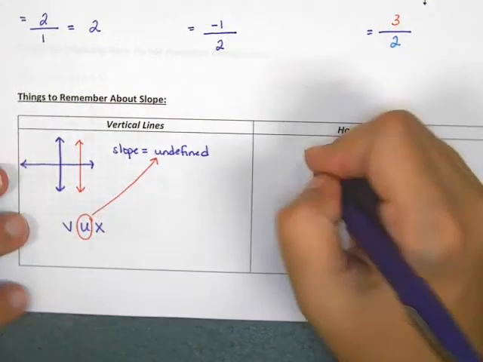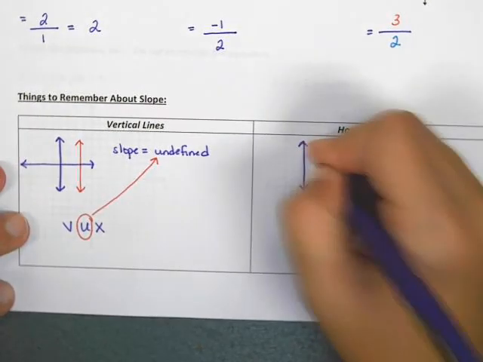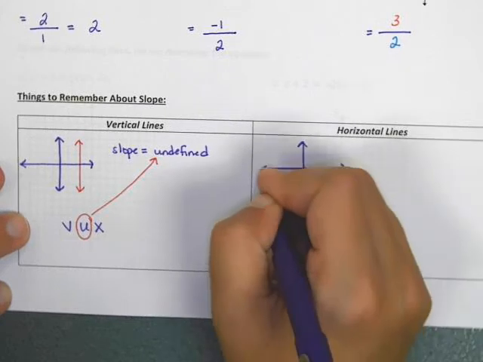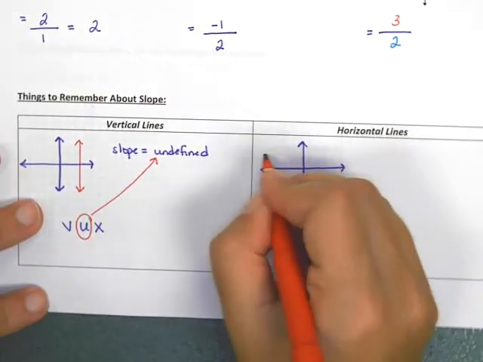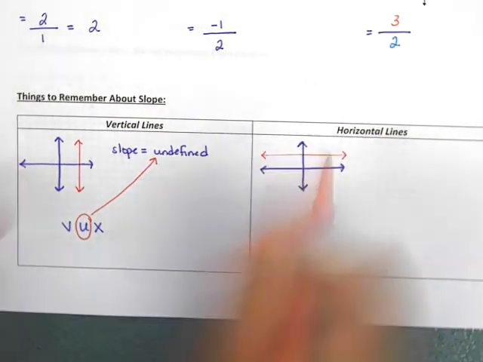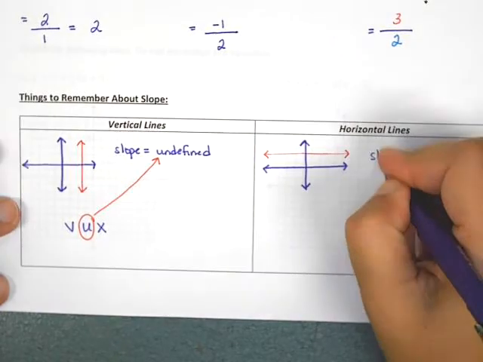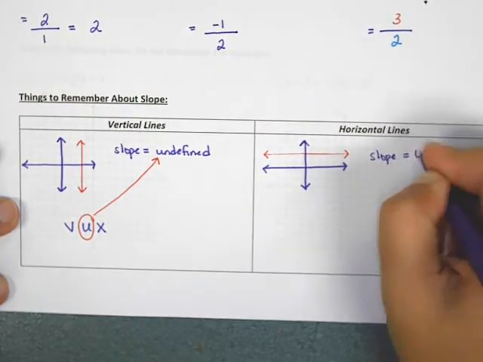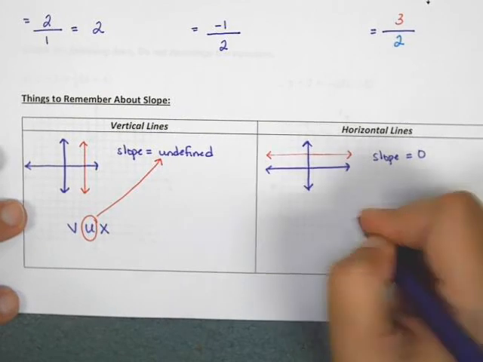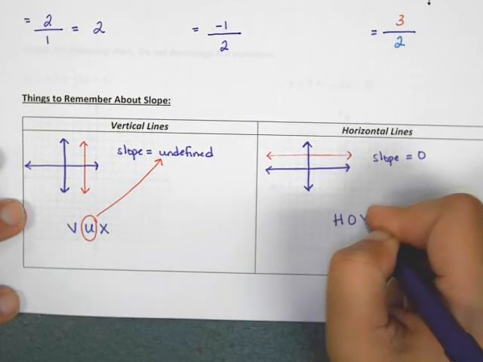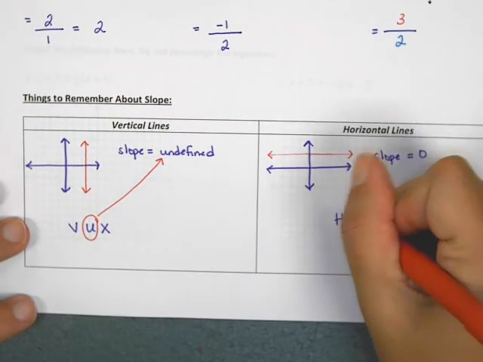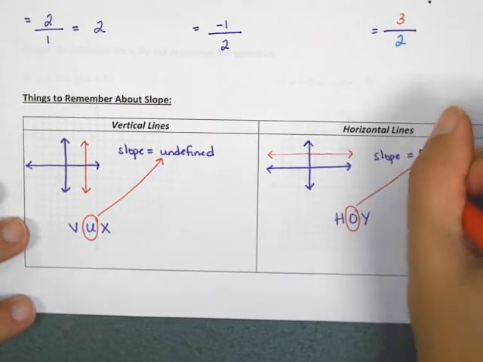If you have a horizontal line, which means it looks like this, the slope is always 0. And we can remember that by remembering Hoy, because the 0 stands for 0.